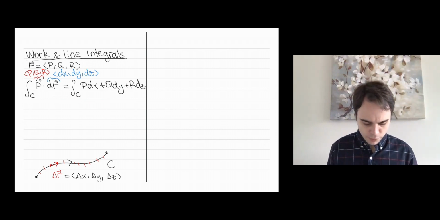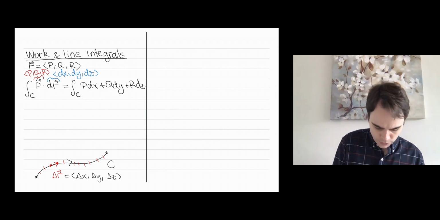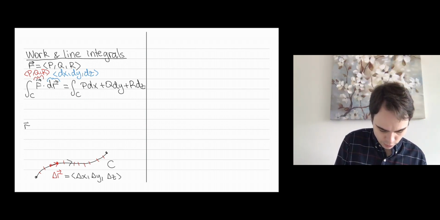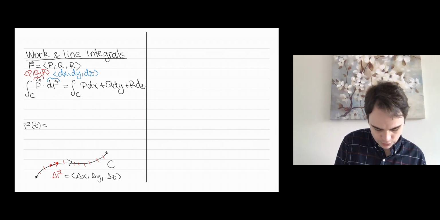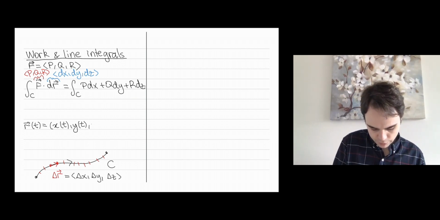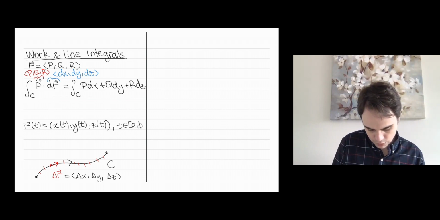We evaluate both using a parametrization. Let's say r is our parametrization. This gives us x, y, and z in terms of a single parameter t along this curve, where t is between two numbers a and b.